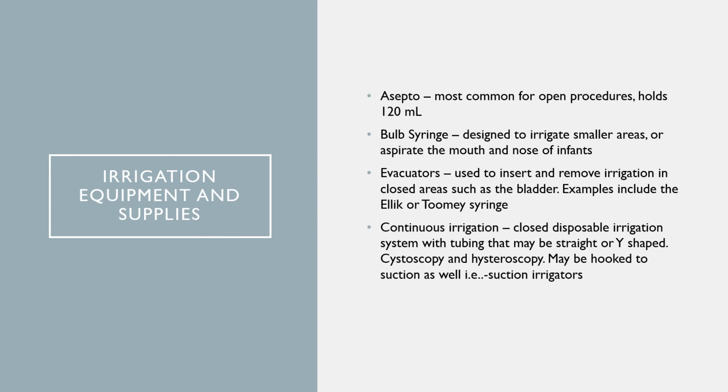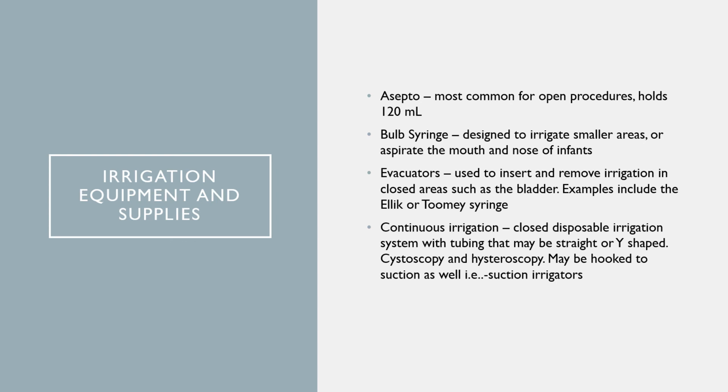And finally, at the end of this chapter, we have some irrigation equipment and supplies. We have the asepto, which is the most commonly used irrigation device for open procedures. It does hold about 120 milliliters. A lot of times you will hear people call it the turkey baster. It's what it looks like. We have the bulb syringe, which is designed to irrigate smaller areas and to aspirate the nose and mouth of infants.